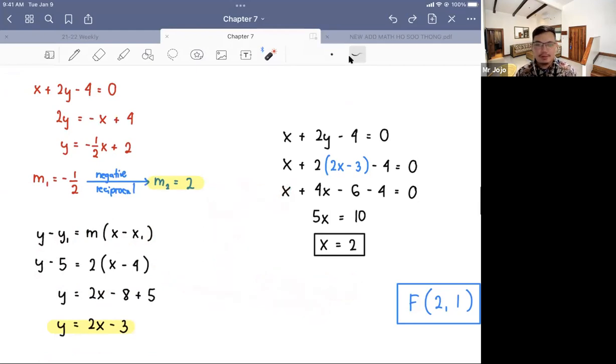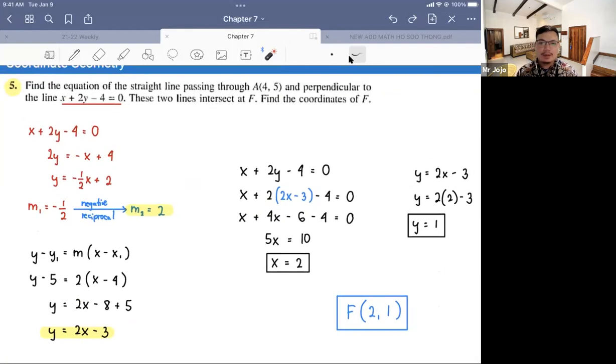Okay, now the question is not over with those two, right? The question is their intersection point, because those two lines intersect at point F. So again, how do we find their intersection point? We solve them simultaneously. It's up to you if you want elimination or substitution, but for me, I use substitution here. Okay, so here are my two equations.